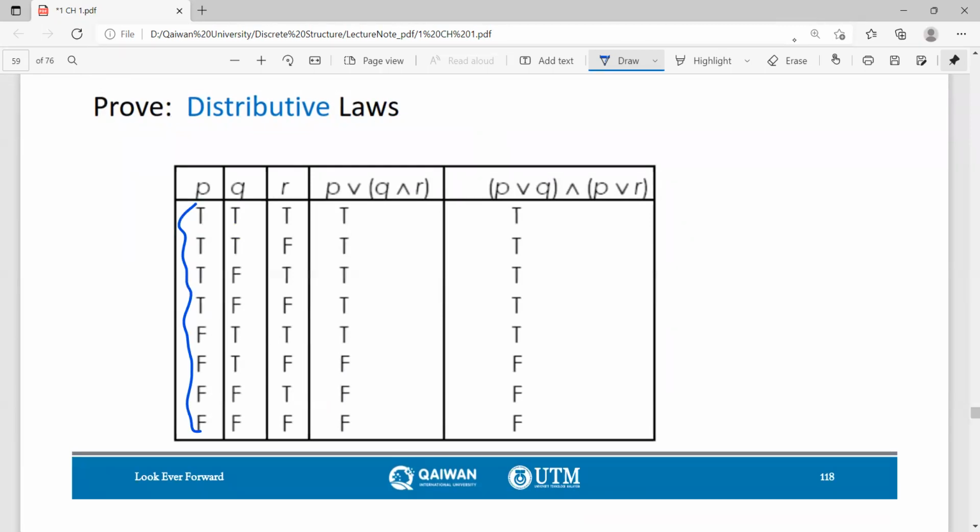Why? Because we have 3 variables, which are P, Q, and R. If we have n variables, we must have 2 to the power n statements. Here we have three variables, so 2 to the power 3, which is 8.